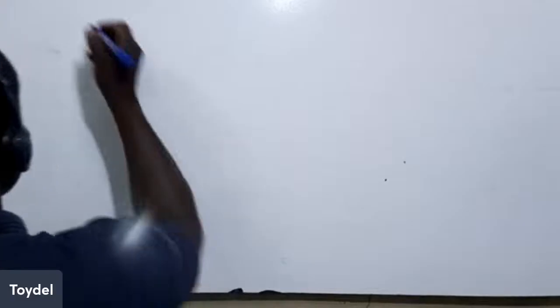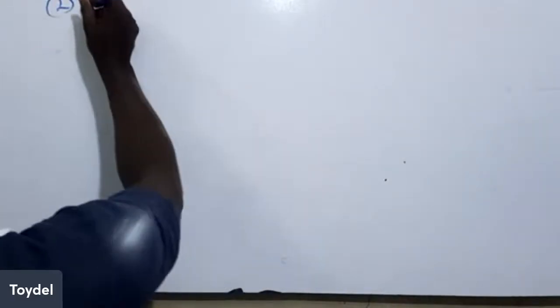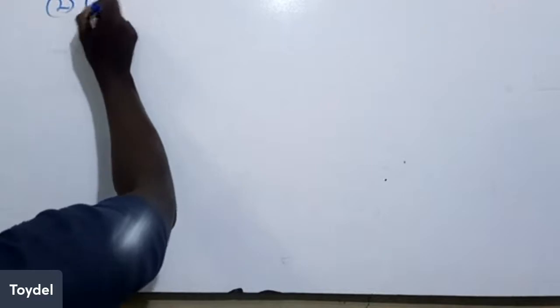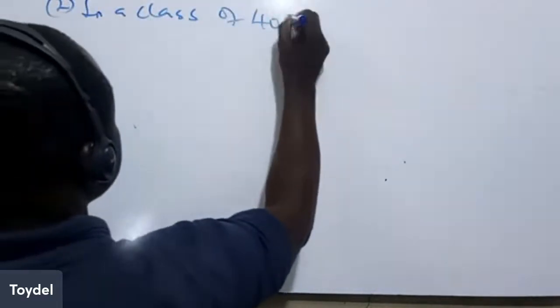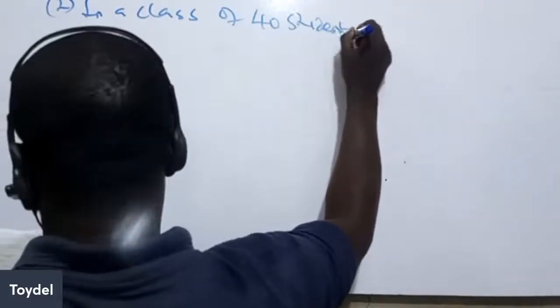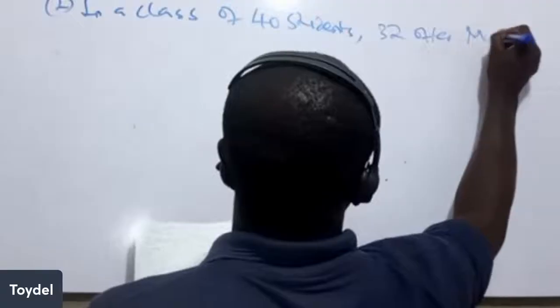The second question is under set theory. It said in a class of 40 students, 32 offer mathematics.